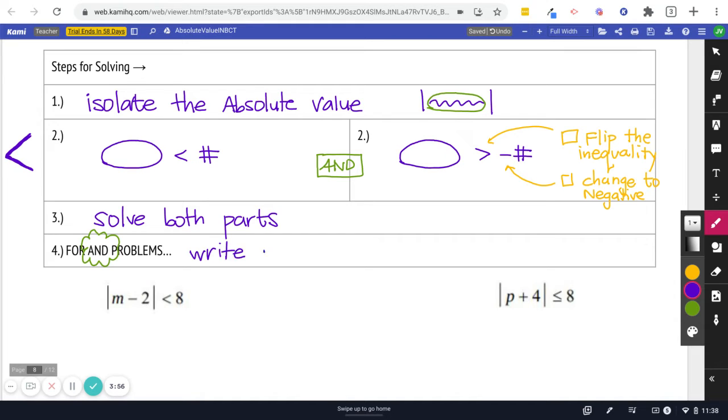And I'll show you what I mean here. So get that all written down. And then let's dig into these two examples that I see right here. And then we'll do one from your Delta Math, and then you will have the chance to do your Delta Math. So I'm pausing for a second.